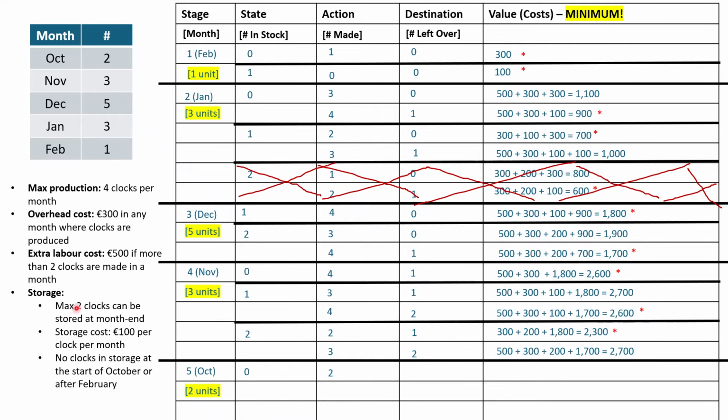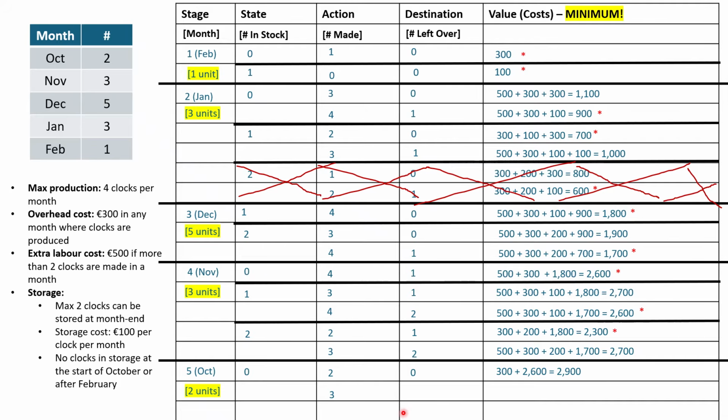In that case, we have our extra labor costs plus our overheads. And then if we've 1 here at the end of October, that's 1 at the start of November, and our optimal value is 2,600. And then our third option here is we make 4, which will leave us 2 left over, which is 500 for our extra labor, 300 for our overheads.